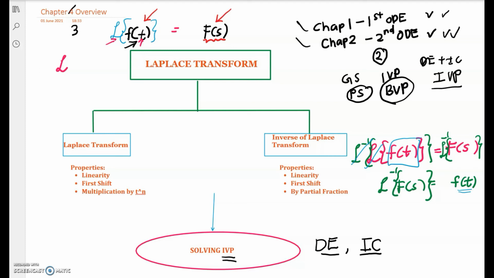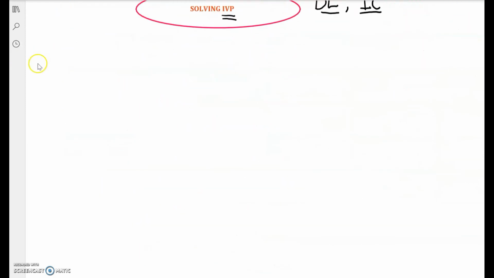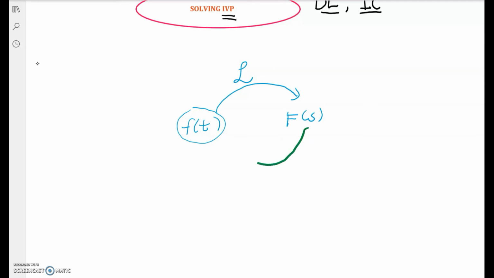In short, from time domain to complex frequency domain, from f(t) to F(s): you are given f(t), and to get F(s) you take the Laplace transform. But if you are given F(s) in the complex frequency domain and want to find f(t), you take the Laplace inverse of F(s), and then you will get f(t). So that is the idea.